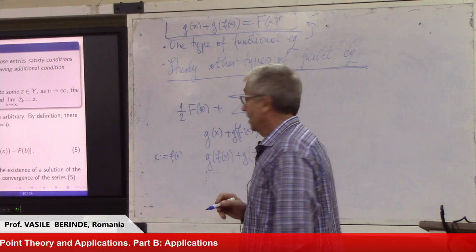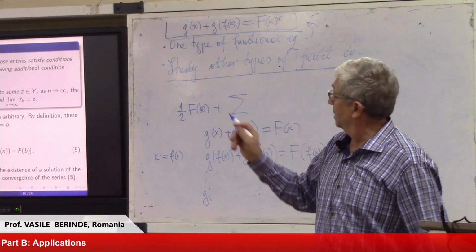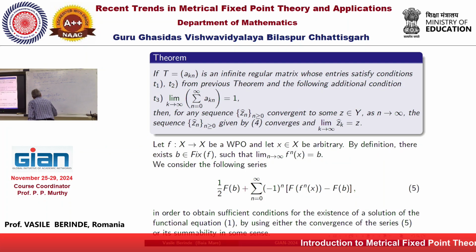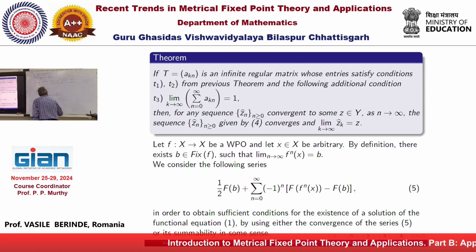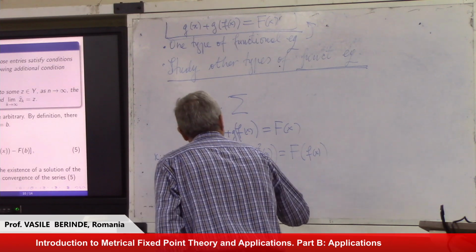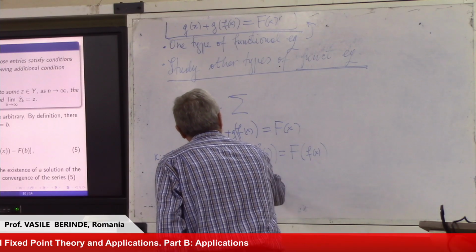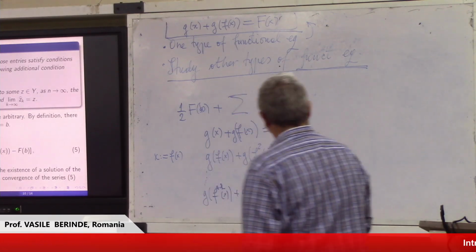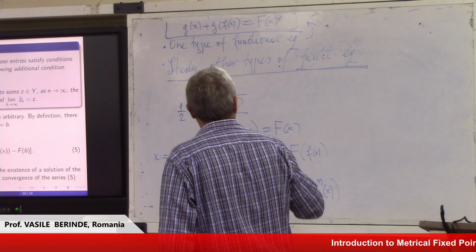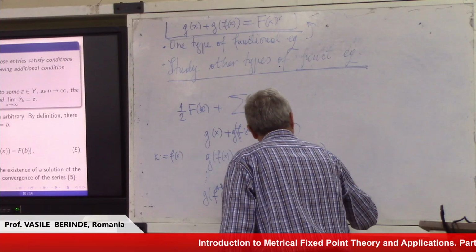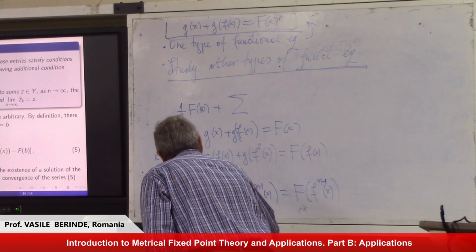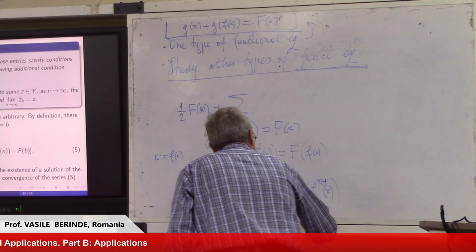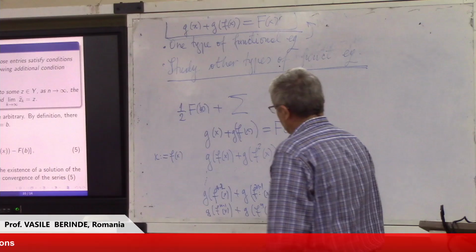And we continue, and we'll have G of Fn minus 1 of x plus G of Fn minus 2, and so on. Let's see. No, it's not correct. So here it's x, fx, and I write one more, n minus 1, G of Fn equal to f Fn. So this is the approach.